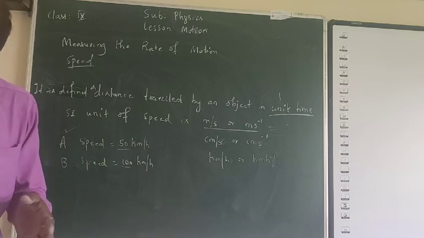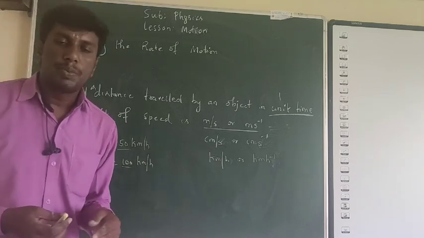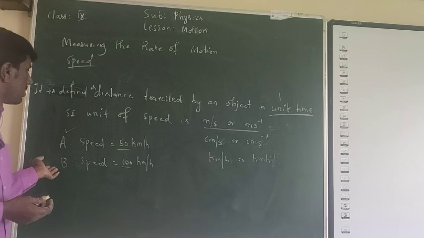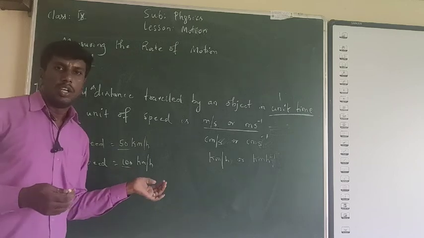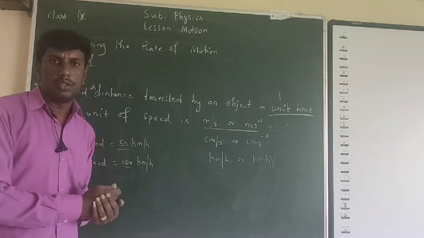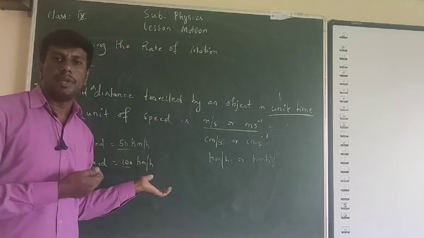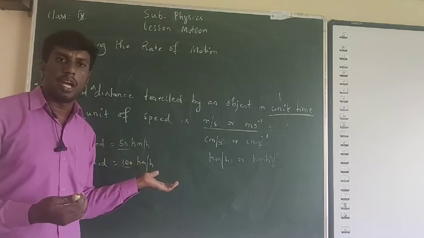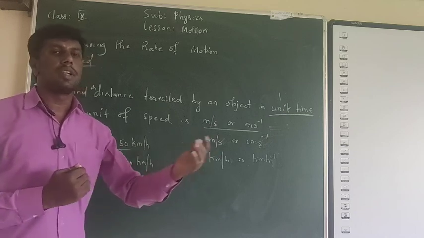The speed of an object need not be a constant, in the sense that it is not the same at each and every second. It may change. Most of the cases will be non-uniform motion only. In our day-to-day life, most of the objects will be moving with non-uniform motion.